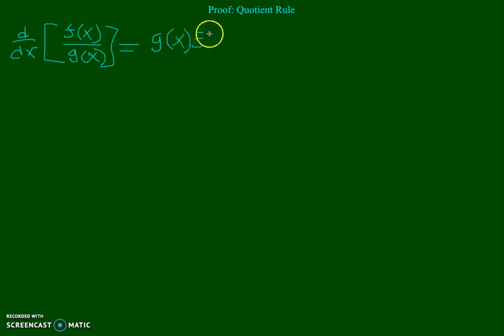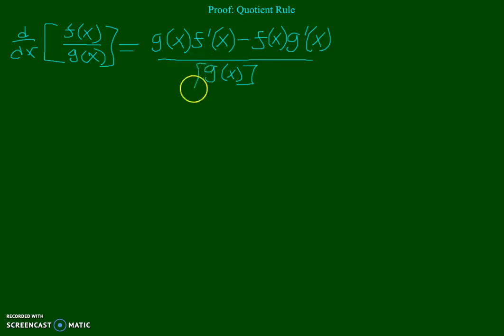And the quotient rule is the derivative with respect to x of the quotient of two differentiable functions f of x divided by g of x is g of x f prime of x minus f of x g prime of x over g of x squared.